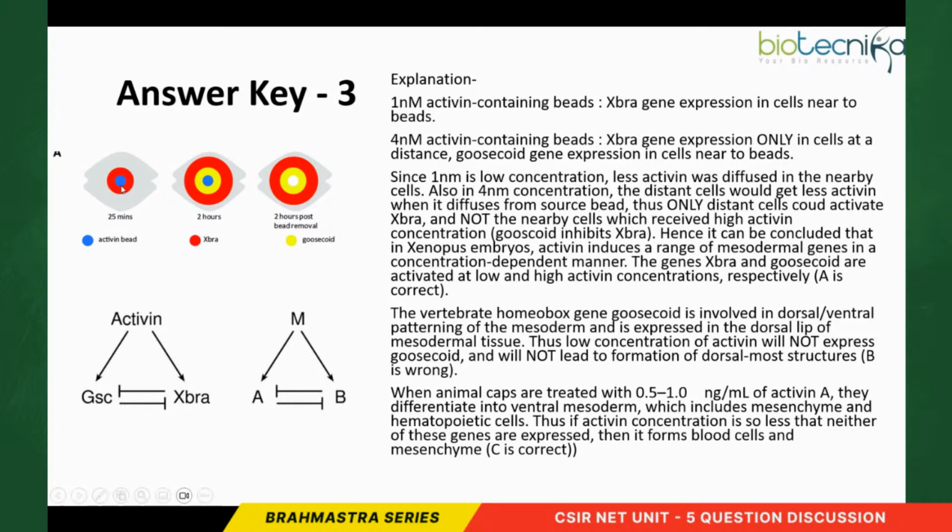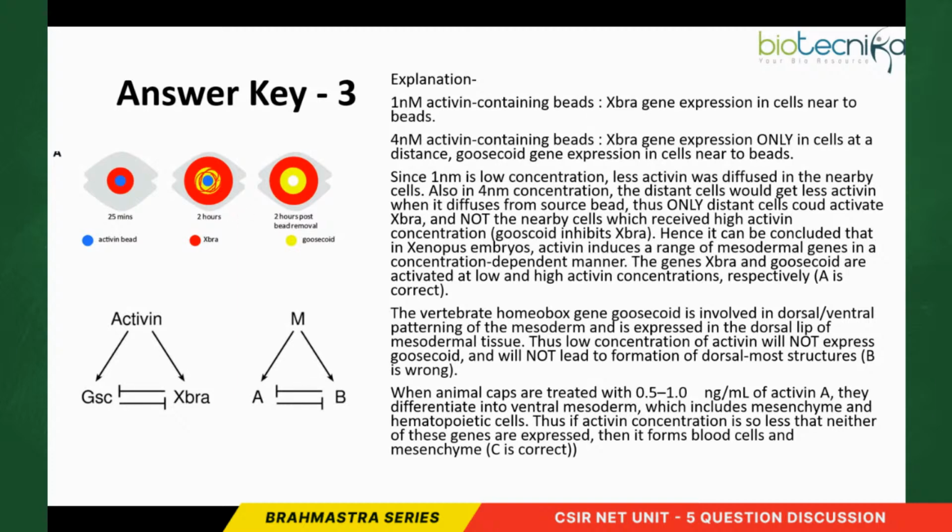Now 1 nanomolar is a small quantity, but when we increase the activin and take 4 nanomolar activin-containing beads, in the nearby area we don't see the expression of XBRA, just around the bead. Why? Because in this region there would be a high concentration of activin.